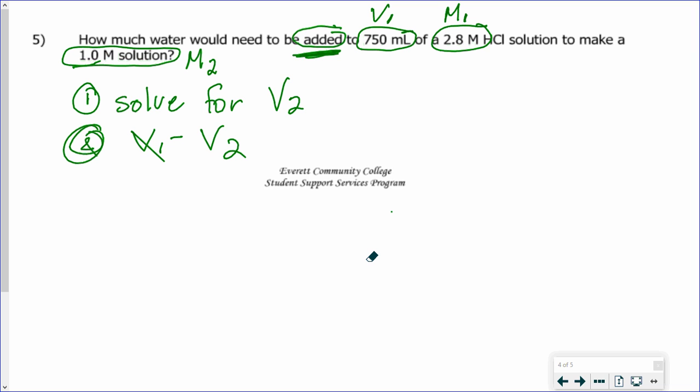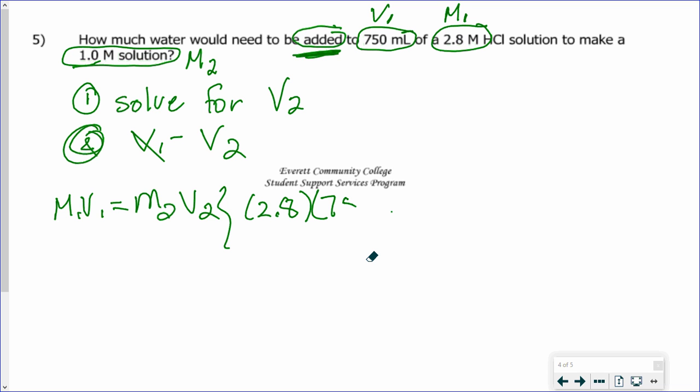All right, so let's start down here. So M1, V1, M2, V2. Okay, so M1 is 2.8, V1 is 750. Okay, M2 is 1.0, and I'm solving for V2.